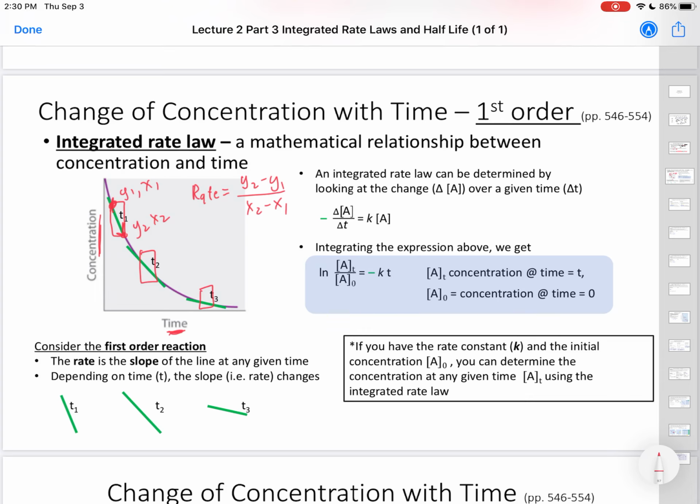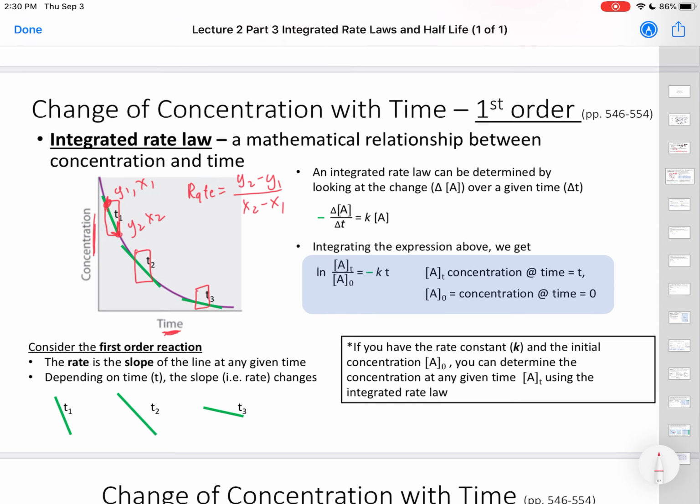So the way we do this is we actually do a little bit of calculus. We say an integrated rate law can be determined because we know that the rate is equal to the change in A over the change in time. It is negative if it is a reactant. And since when we're looking at rate laws, we're looking only at reactants, we're looking at it as a negative, okay?